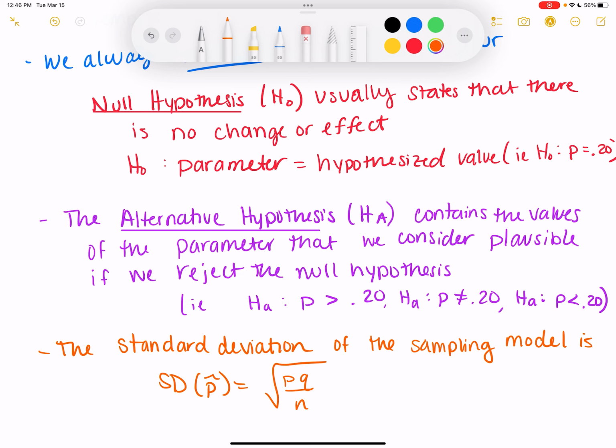Hey, another formula. Ha ha ha. It's the same formula you've been having. That's sad for me. Fun fact. Never mind. That's what I thought.